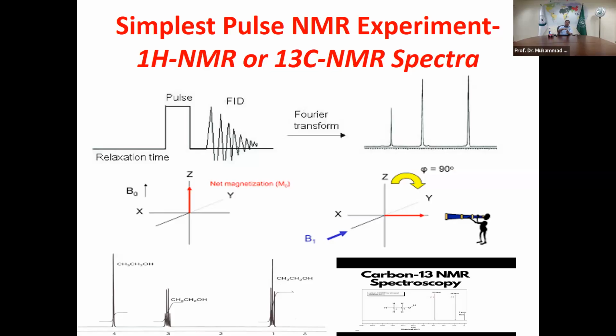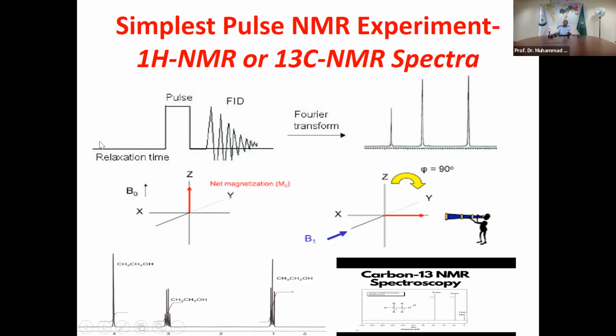And this transverse magnetization vector, you again record FID. You do a Fourier transformation, you get 3 signals. Okay. Then you wait for a while. It's called relaxation time. Sometimes it's called preparation time. Then this is excitation, this is detection.